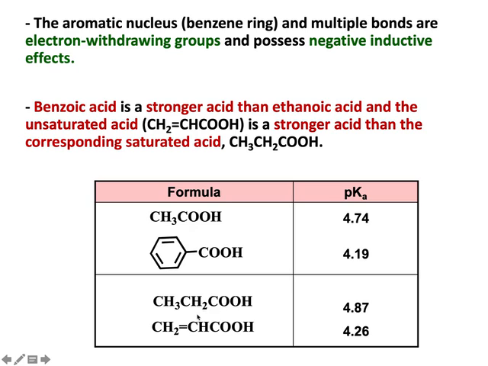This one is aliphatic, this one is saturated, this one is unsaturated. So unsaturated is more stable compared to saturated. So the acidity for alkene is slightly stronger compared to the aliphatic saturated.